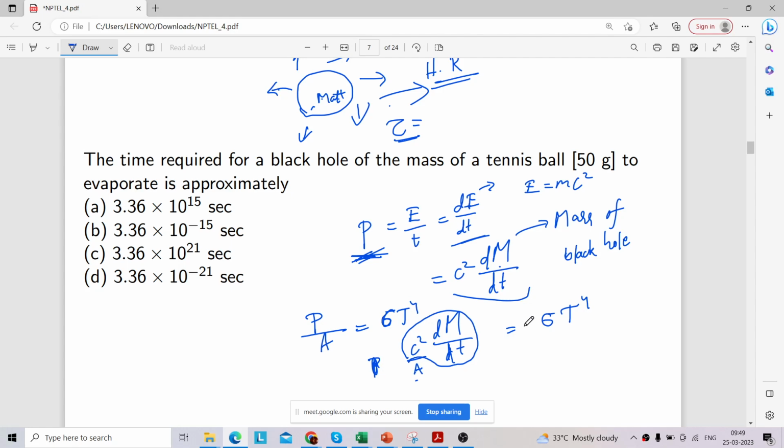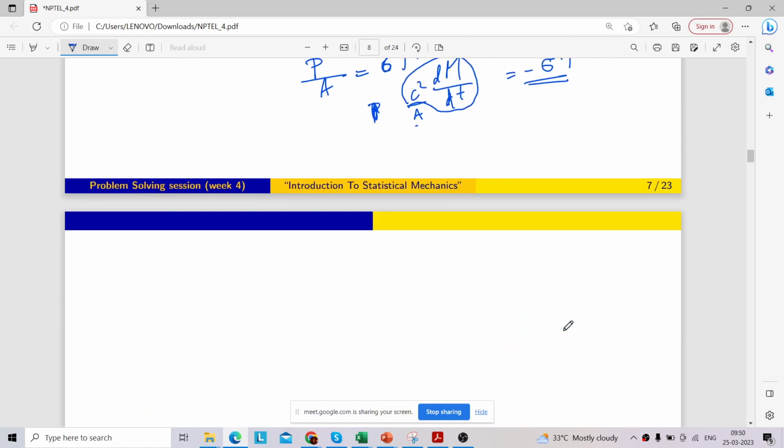So I should put a negative sign here because it's evaporating. This differentiation is going, and this value is going down, and with time this mass will decrease. So for that I am putting a negative sign here. So what we have, c squared dm over dt. I can take the area to the other side, where minus sigma T to the 4 and A.